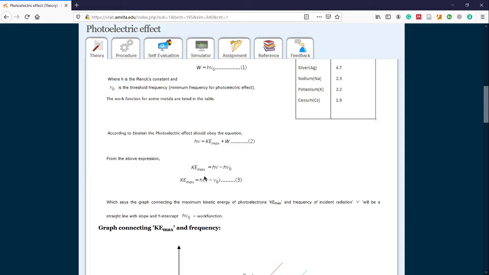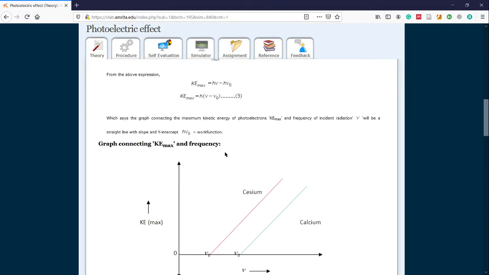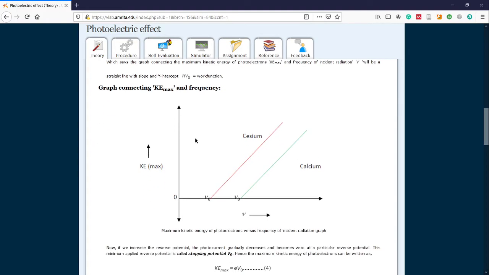And for a particular nu value which is higher than nu 0, we have to find eV0, that means the stopping potential. From the stopping potential we can easily find the maximum kinetic energy, Ke max. Putting it here, we can easily find the value of h.